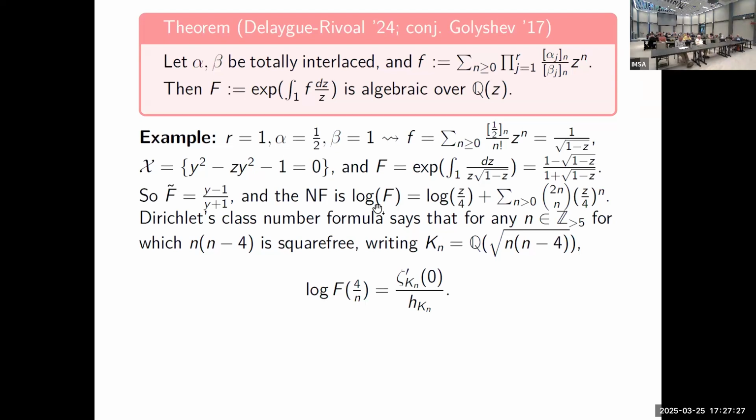Okay, so this is some arithmetic quantity on the right-hand side, and we're saying we have this nice analytic normal function that interpolates it.